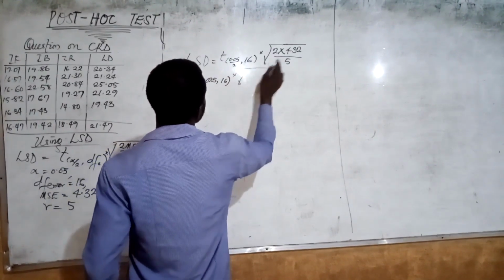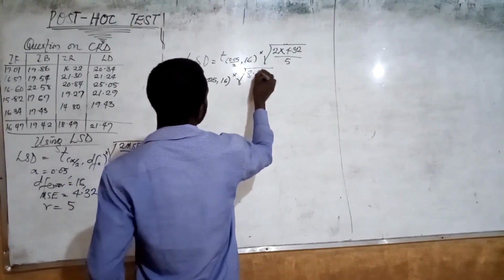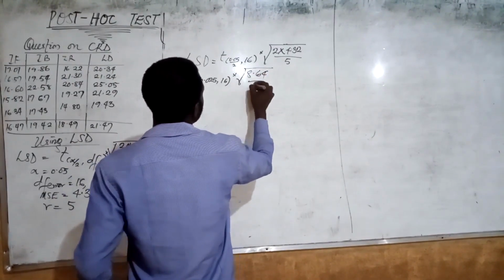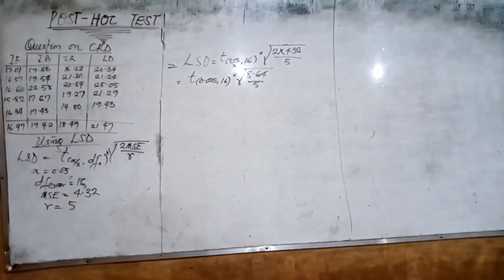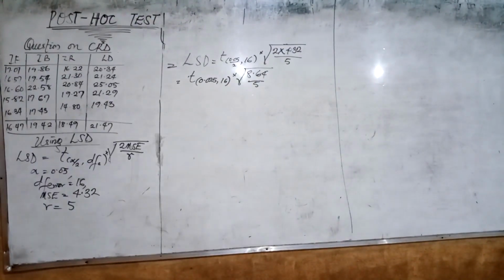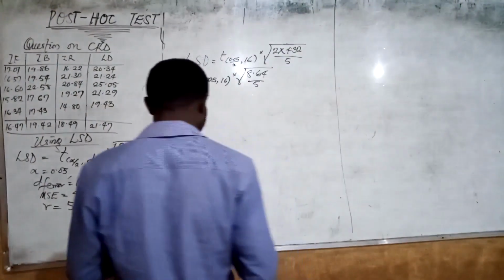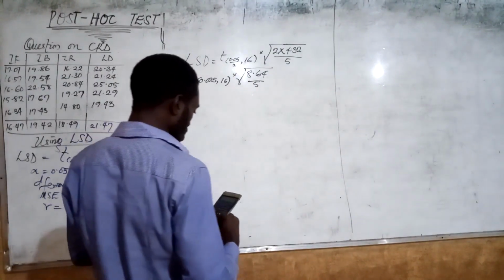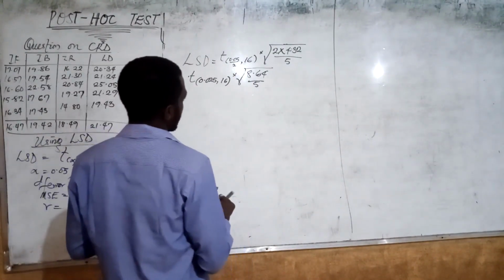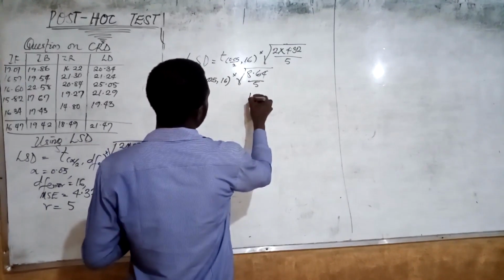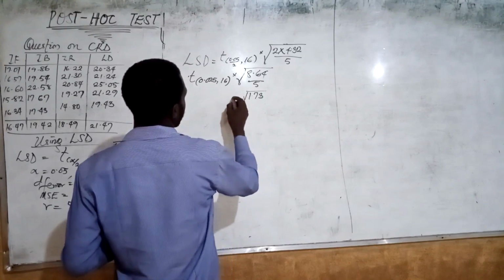And 2 times 4.32 gives us 8.64 over 5. 8.64 divided by 5 is 1.73. We are taking the square root of that.